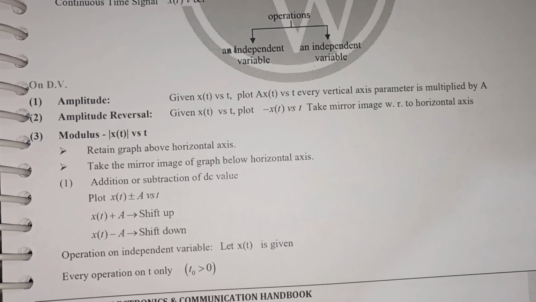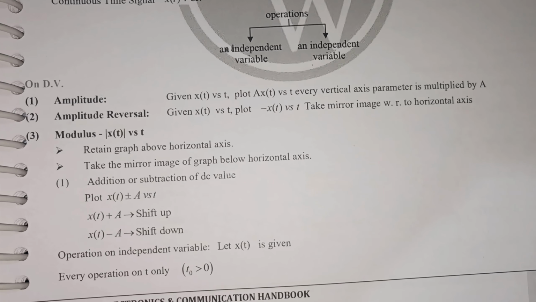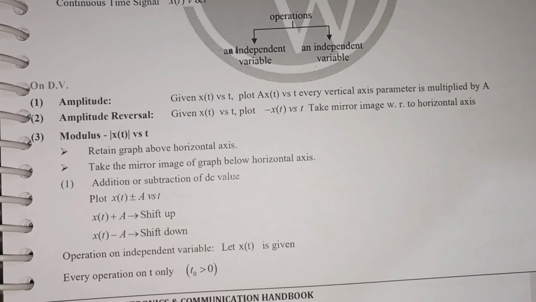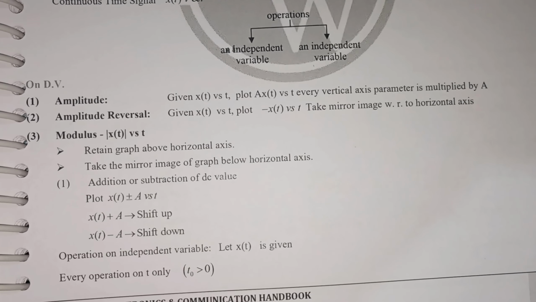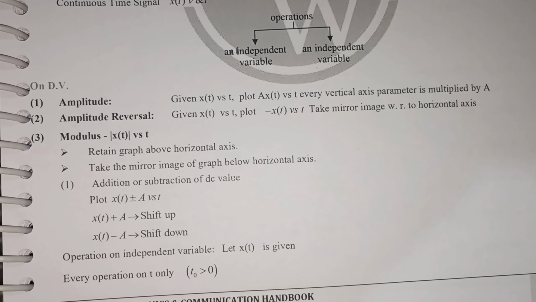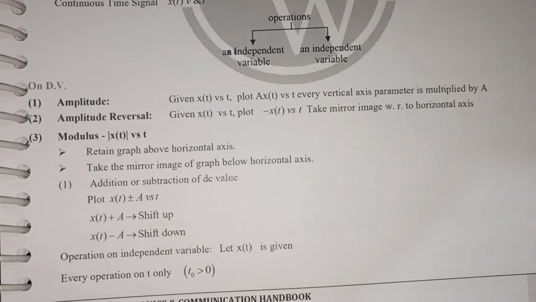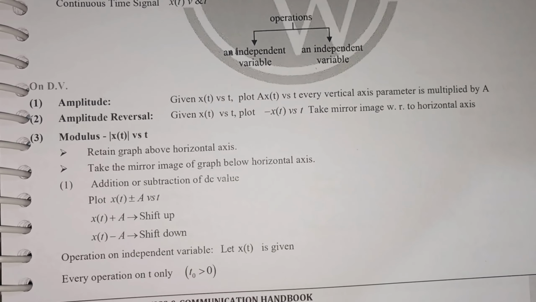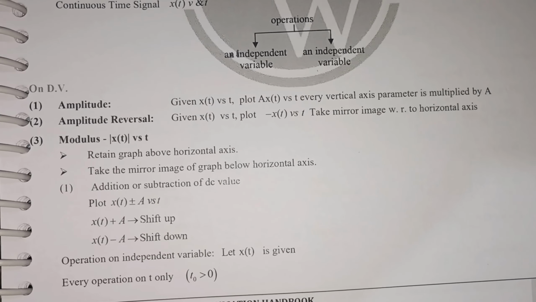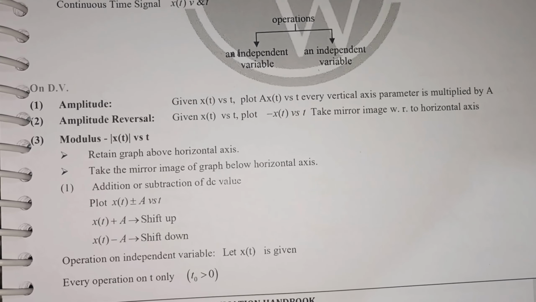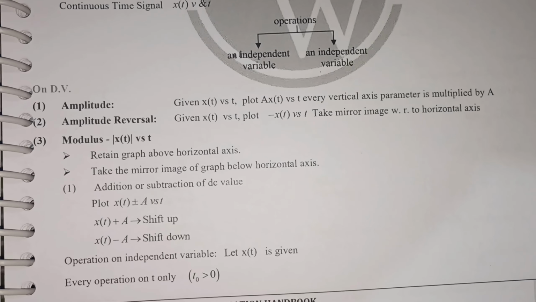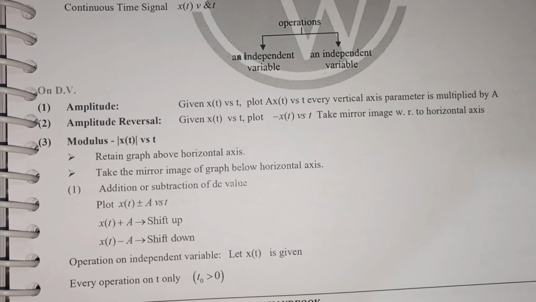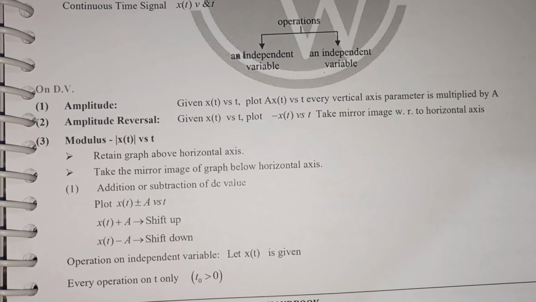Every vertical axis parameter is multiplied by a. So here amplitude into x of t versus t. Every vertical axis parameter is multiplied by a. So here amplitude is in the dependent variable.